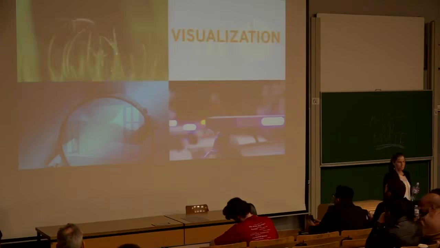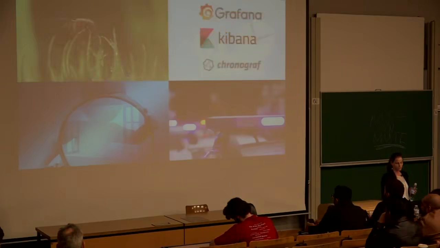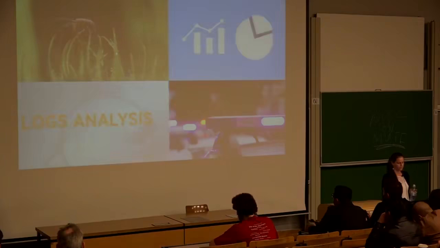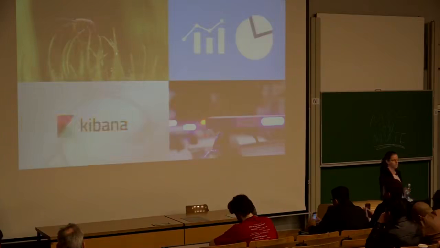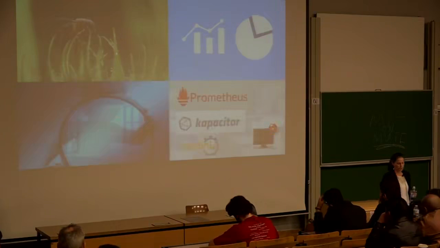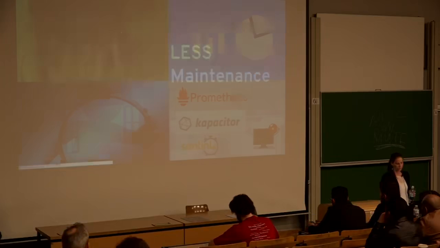In visualization, like we've seen before, we have Grafana, Kibana, and Chronograf for InfluxDB. For logs analysis, the most common is Kibana. For alerting, we have Prometheus, Kapacitor, Sentinel, and ElastAlert for Elasticsearch.